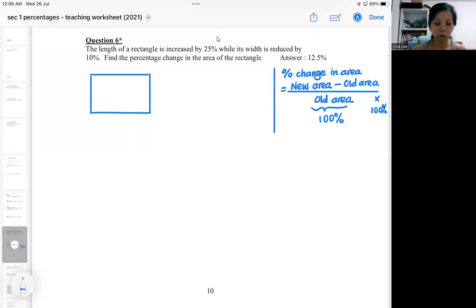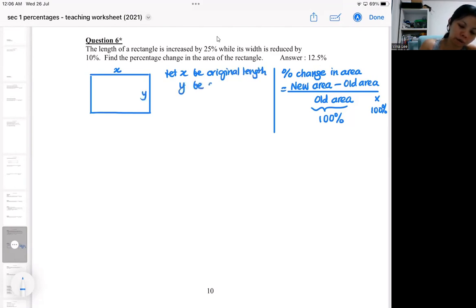So that is the formula that I'll be applying. Right now, I don't have any dimension. I cannot have any old area, and I also cannot have any new area. So I'm going to assign an original length. I'm going to let X be the original length of the rectangle, and I'm going to let Y be the original breadth, which in this case is the width of the rectangle.